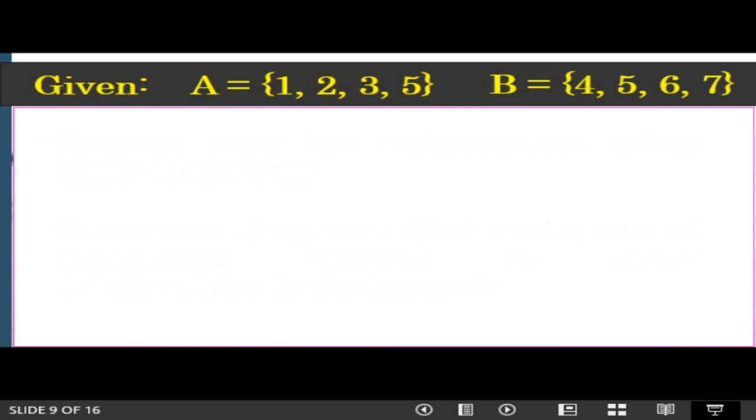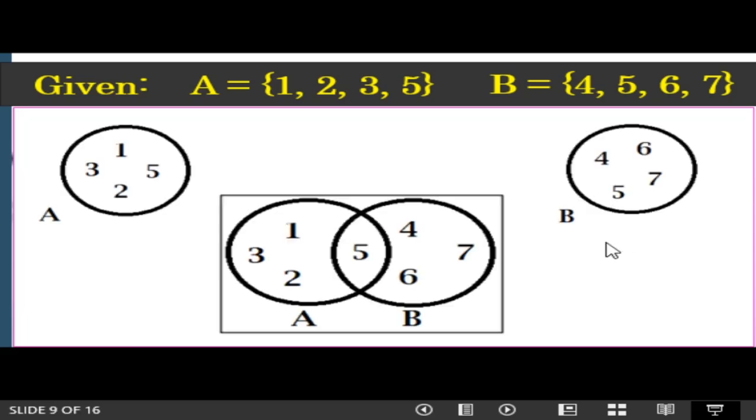Same thing as in the listing method, we have a given of sets. So here we have set A and set B. This is how a Venn diagram looks for the given sets. So let us explain it one by one.